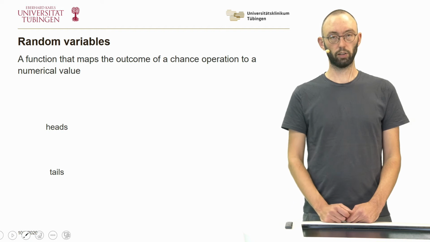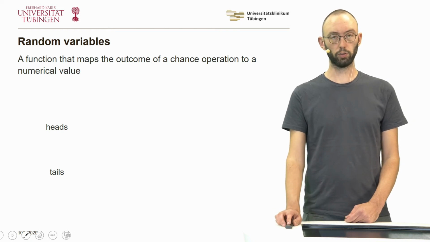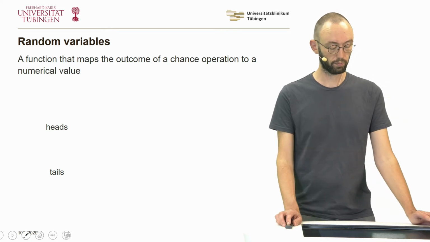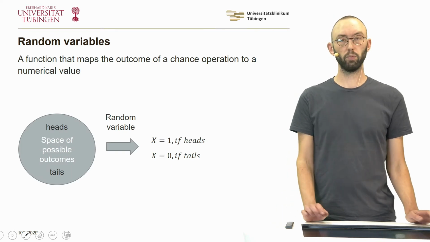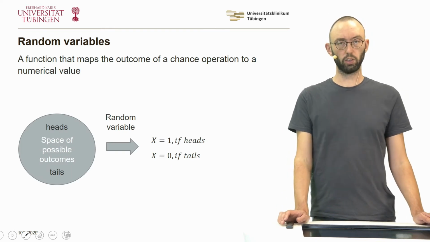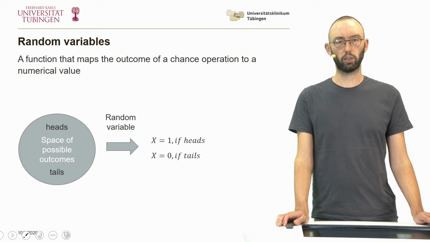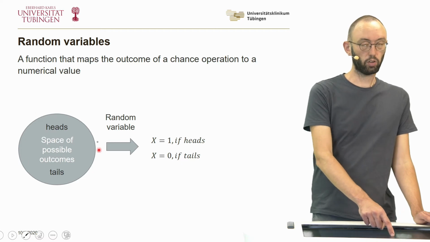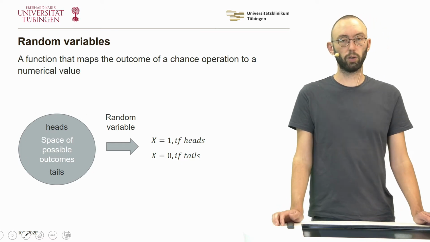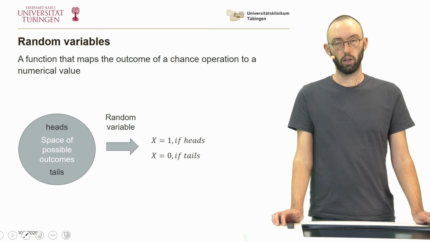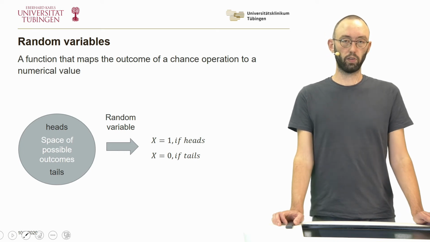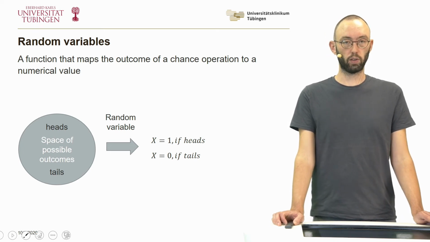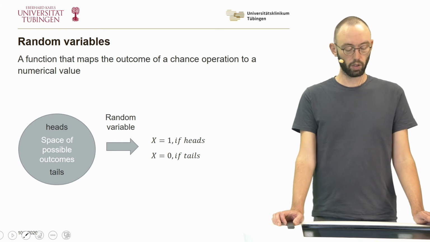So what are random variables? It's a term that you often hear when you deal with statistics. A random variable is simply a function that maps the outcome of a chance distribution to a numerical value. That sounds terribly abstract. So let's say for a coin toss, our space of possible outcomes is simply heads or tails. To be able to compute with these events, we convert them to numbers, and this is what a random variable does.